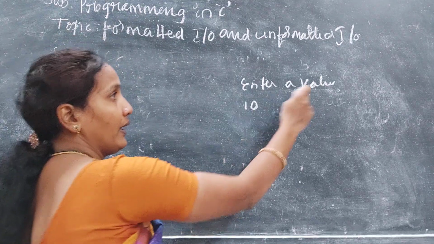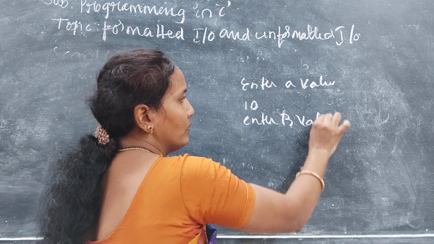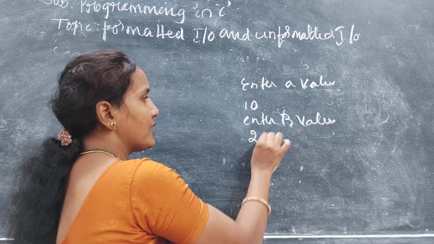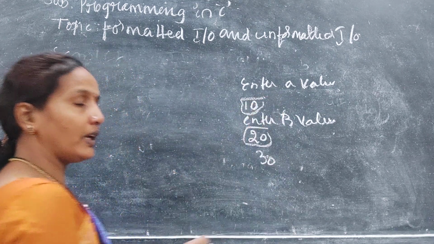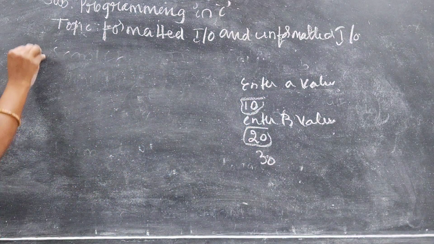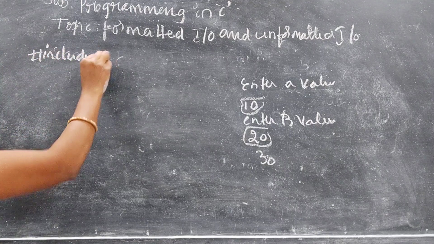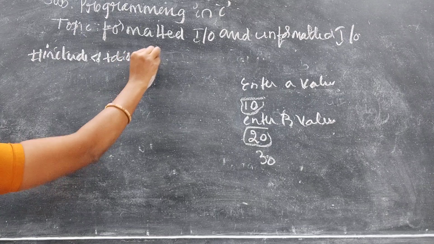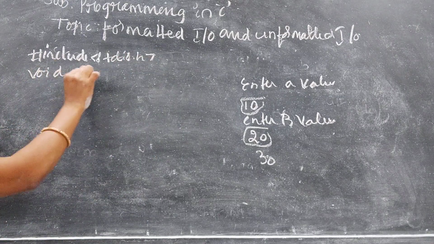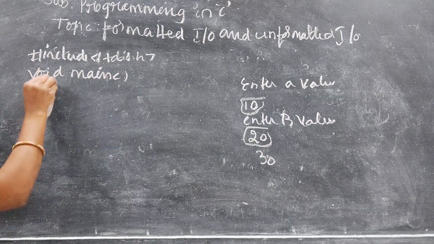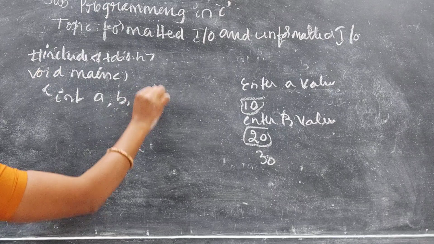Okay, enter a value. Next, enter b value. Then I will give 20. The system will give 30. Here these two are given using a keyboard after compiling your program. Then include stdio.h, standard input and output header file, void main, int a, b, c.